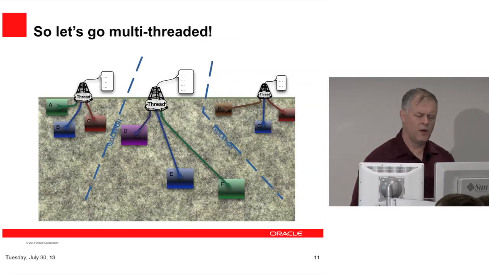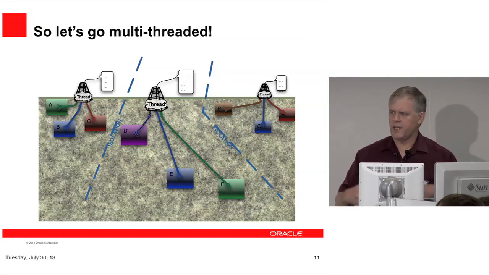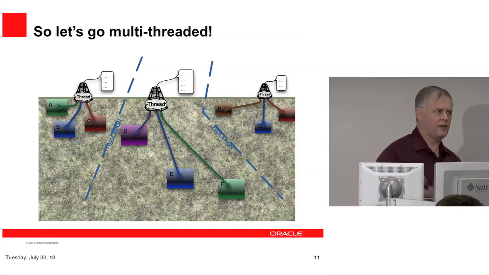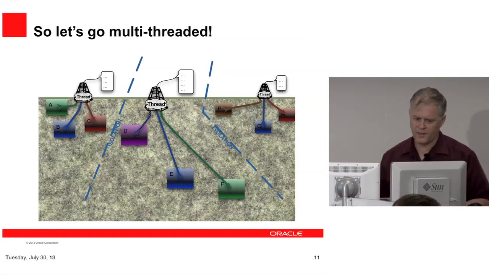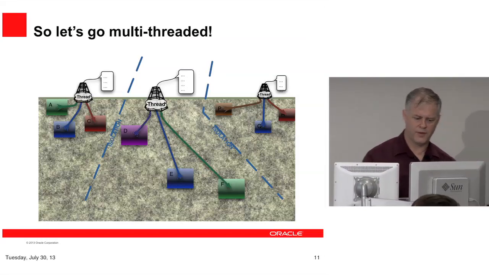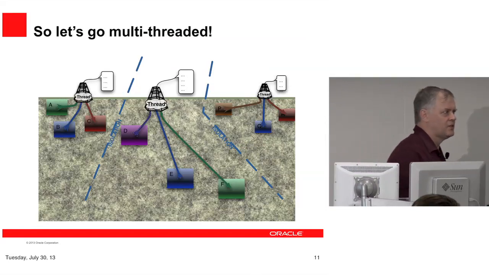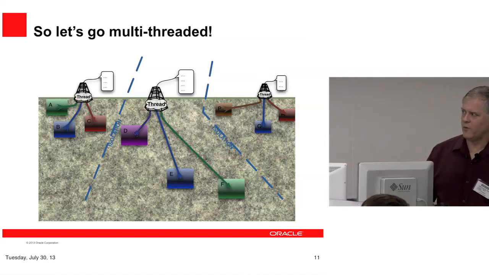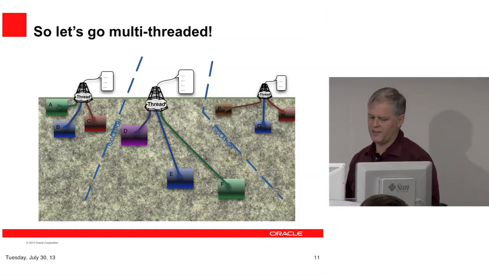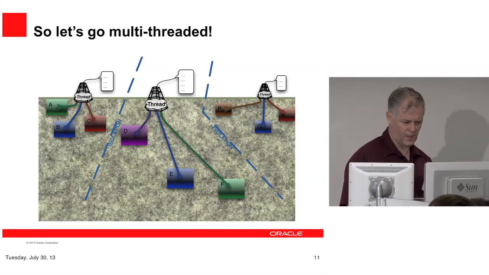All right, so obviously the first thing you do is you make more threads, and then you have more concurrency, more parallelism, and everything goes fast and you're done. And so here's a picture of 3 threads doing completely different things, and in fact they're doing them in completely different places. So I've sort of twiddled the example so that it works, but of course it doesn't always work that way.